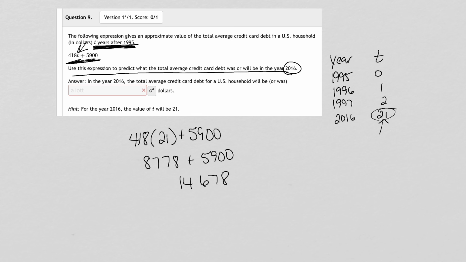That's what should go in here. Oh, and it also gives you that hint down here: T will be 21. So we're just substituting in values where we see the variables.